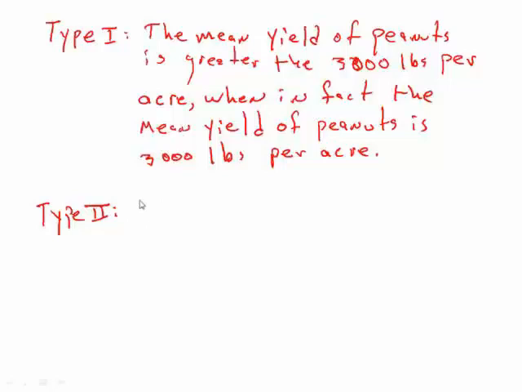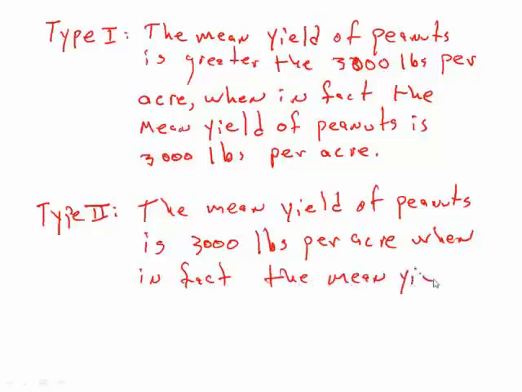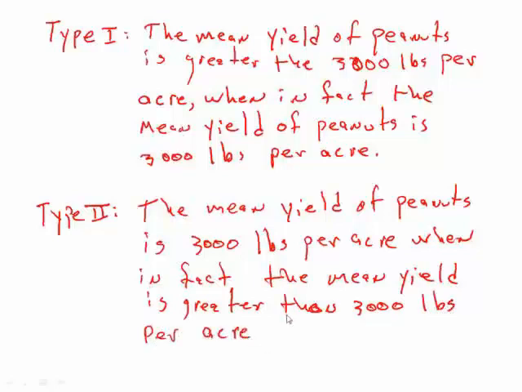So for the type 2 error, we will say that the mean yield of peanuts is 3,000 pounds per acre, when in fact the mean yield is greater than 3,000 pounds per acre. Okay.